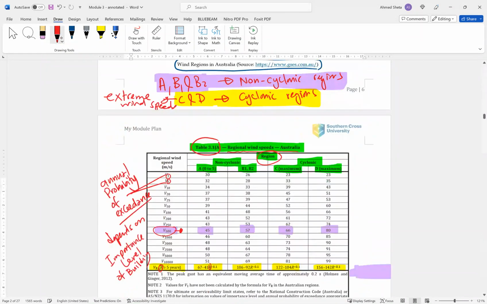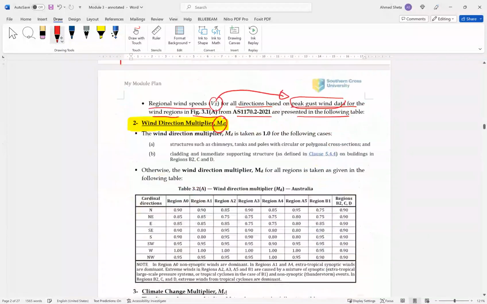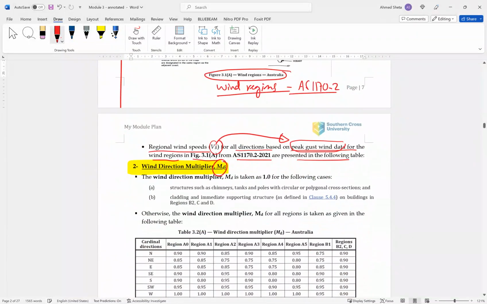From the equation of V site beta, or site wind speed, to know the site wind speed we need to know the wind direction multiplier MD. The wind direction multiplier MD is taken as 1 in some cases as follows.